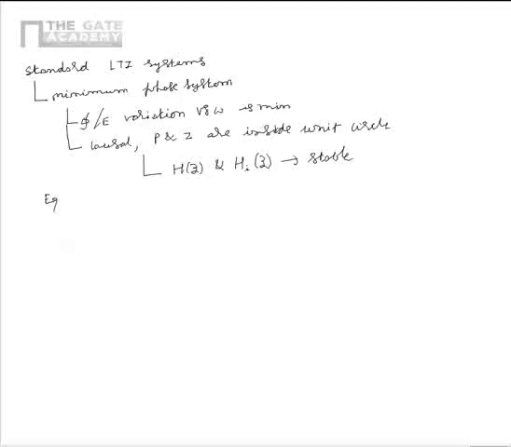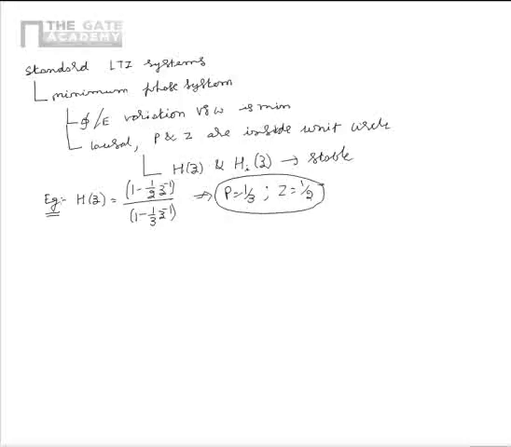So, for example, if you consider a causal LTI system which is of system function H of z is equal to 1 minus half z inverse divided by 1 minus 1 by 3 z inverse, we see that in this case the pole p is equal to 1 by 3 and zero z is equal to 1 by 2 are inside the unit circle. So if the system is causal, then it implies that the system is minimum phase system as well.